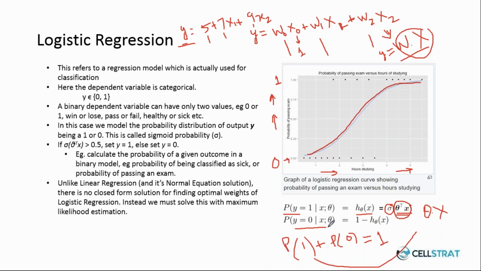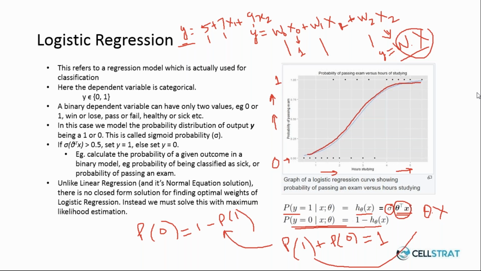So P0 is nothing but 1 minus P1, since the total has to be 1. I can find P0 by subtracting P1 from 1, right? So after this equation, I come to this equation, correct? This is what we are showing here.